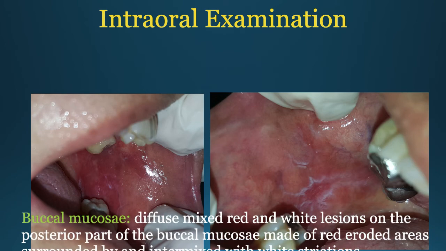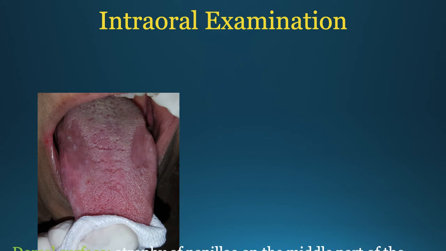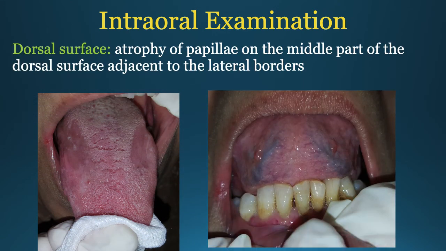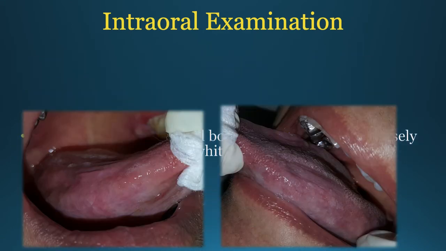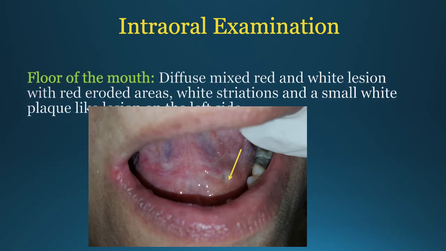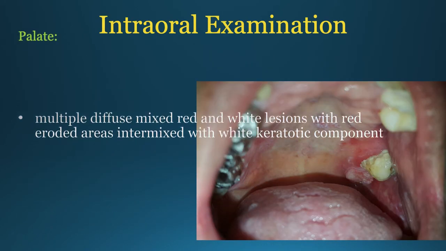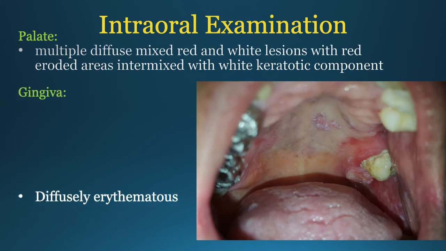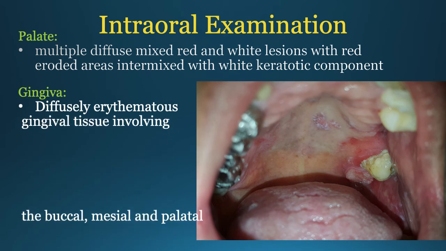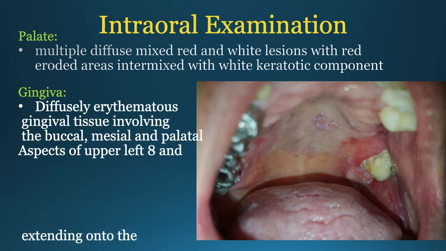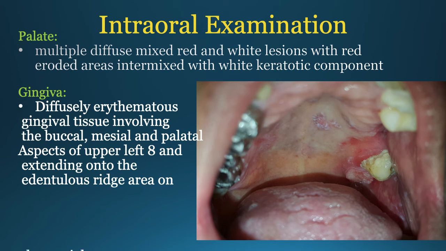So our differential diagnosis would be, in order, lichen planus with malignant transformation, then lichenoid drug reaction, and finally discoid lupus erythematosus.